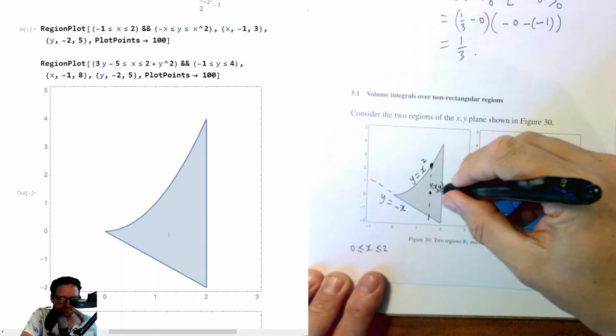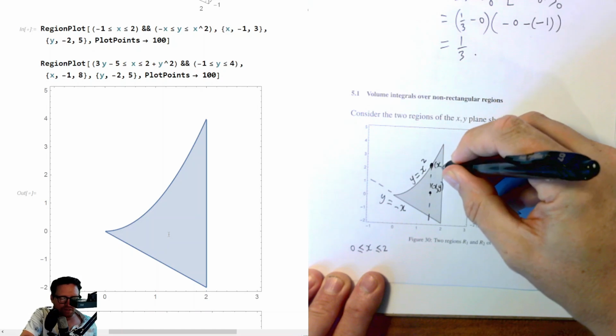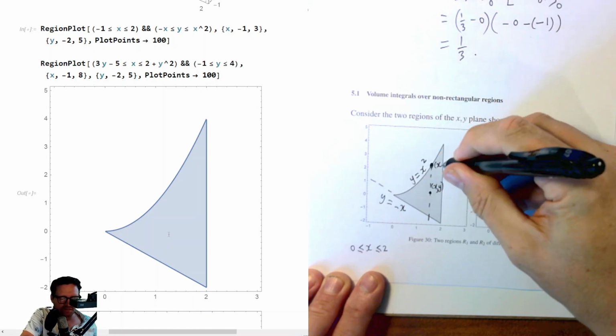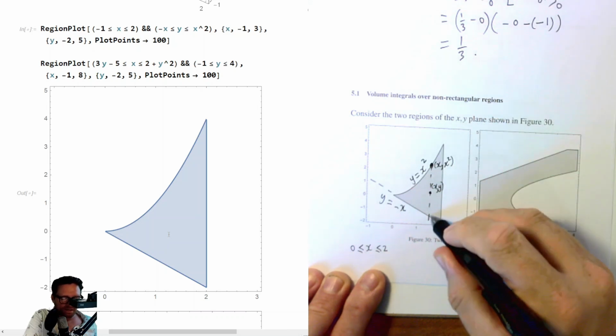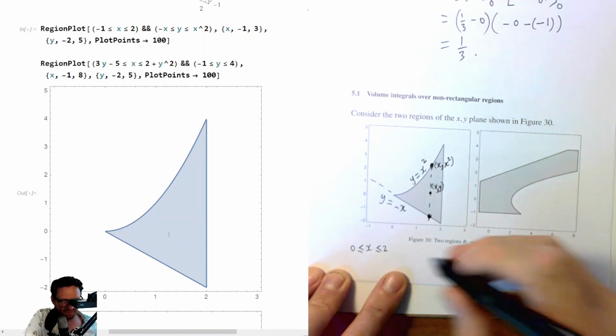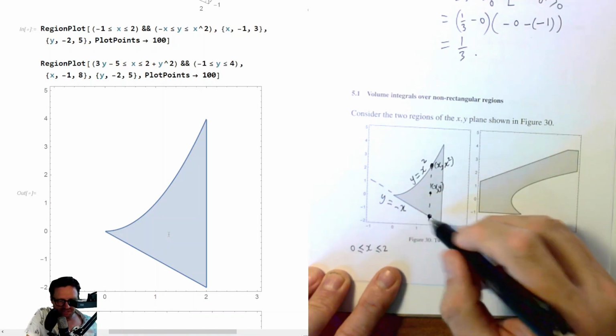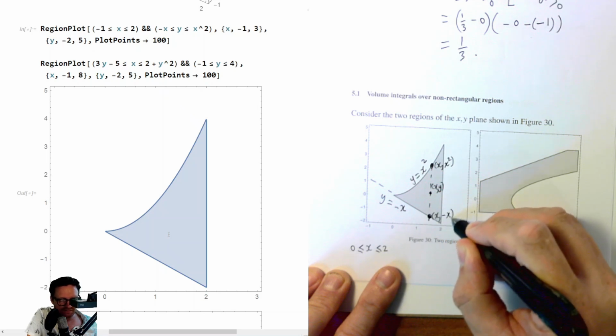If this is the point x y here, well then this would have the same x value. But since y equals x squared there, the y value is x squared. And down here, what would this point be? Well, I have the same x value, but the y value is now minus x. So x comma minus x.